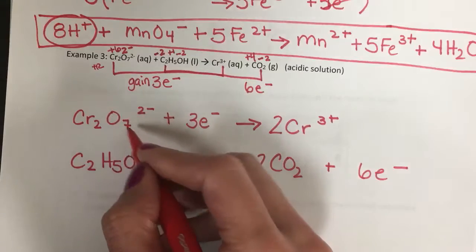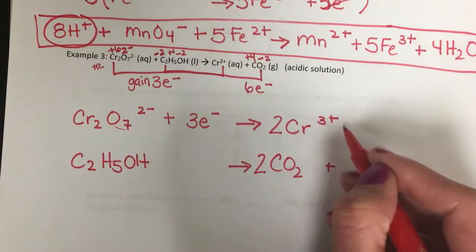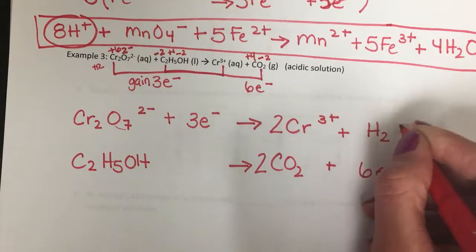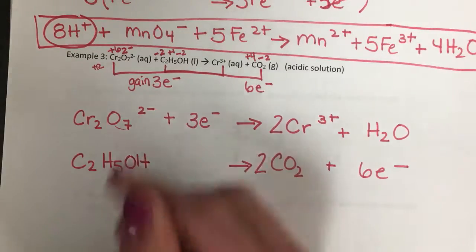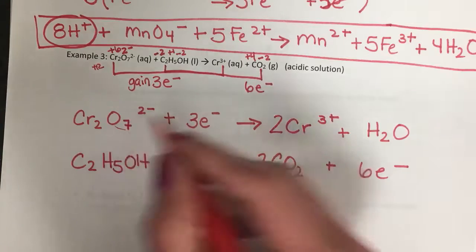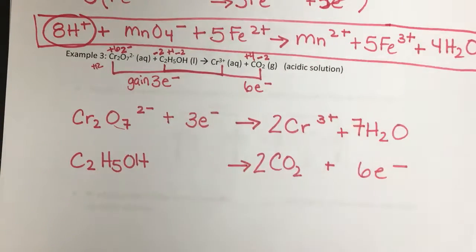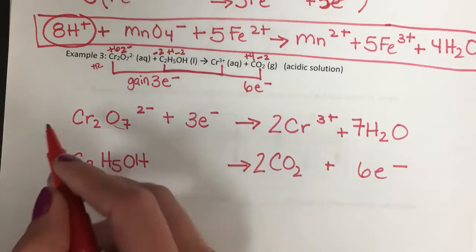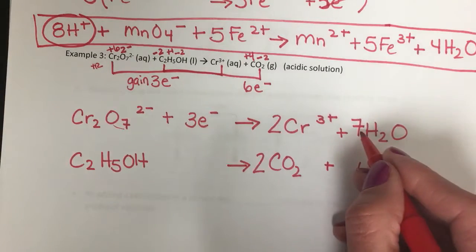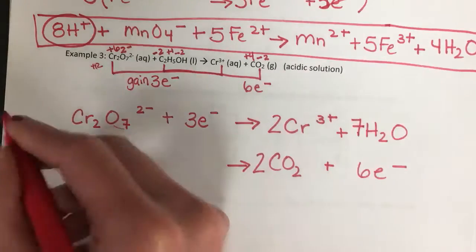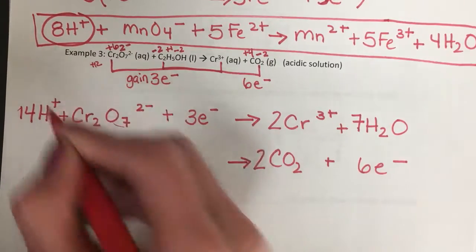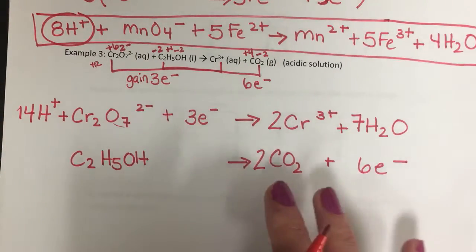Now I've got oxygens on this side, not on this side. I need to add water. 7 O's here, so I need 7 O's there. By adding water, now I have H's on this side, but not on this side. I have 14 H's here, so I need 14 H's here.